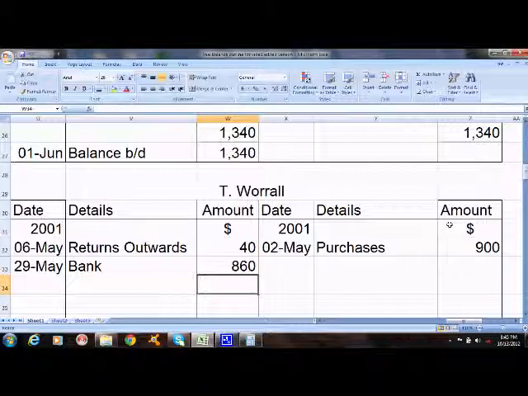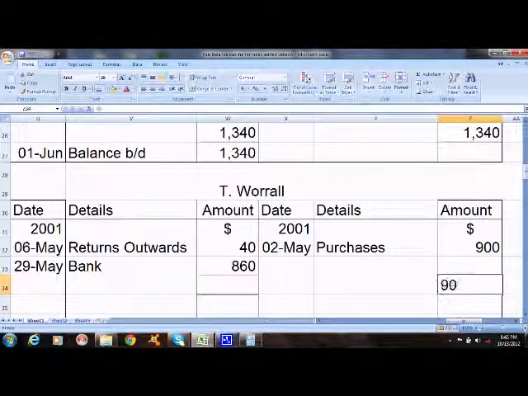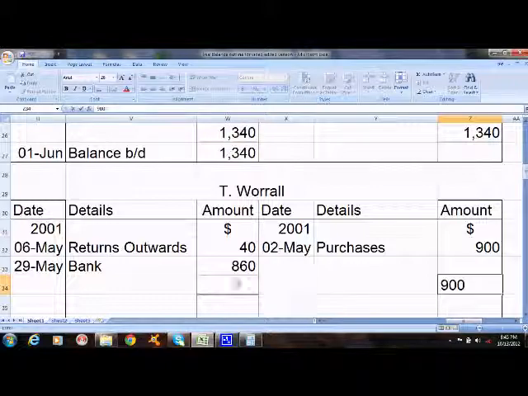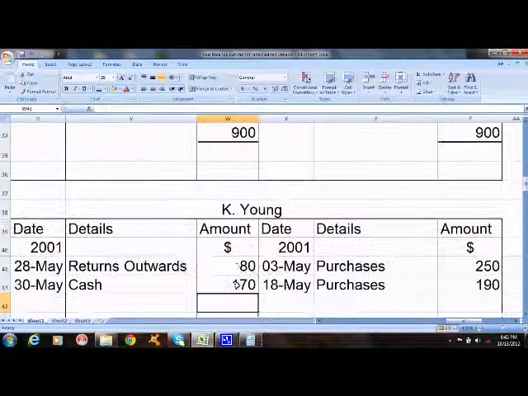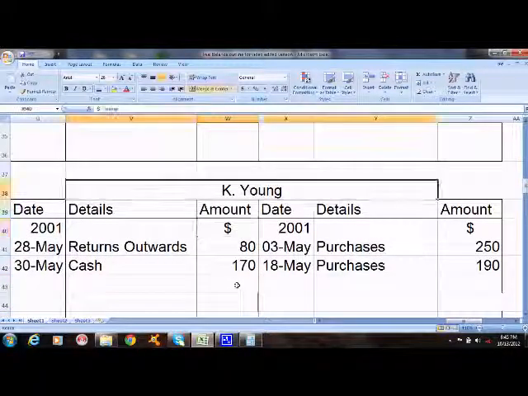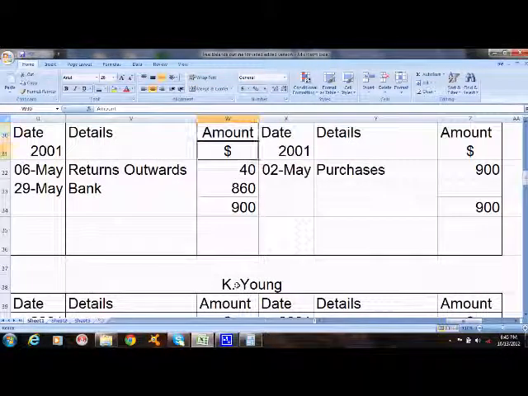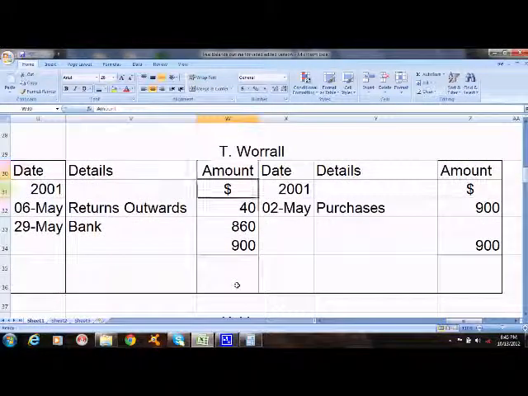There is just totals. So there is no balance to go in the trial balance. Just write down the amount. Yes, there is no balance to go into the trial balance. So that's just it for that. Just leave that alone. This won't go into the trial balance at all.